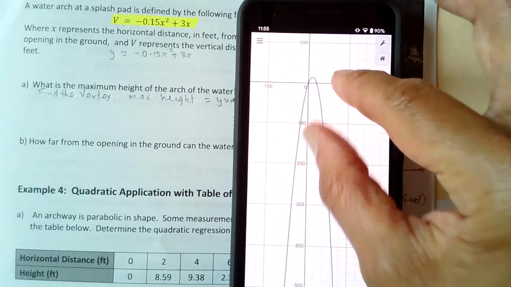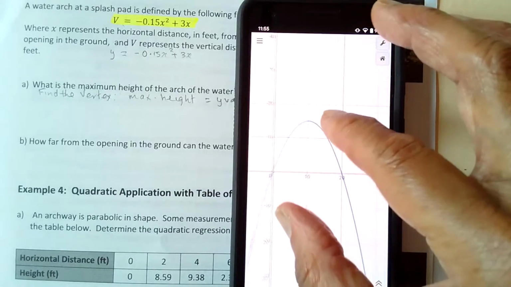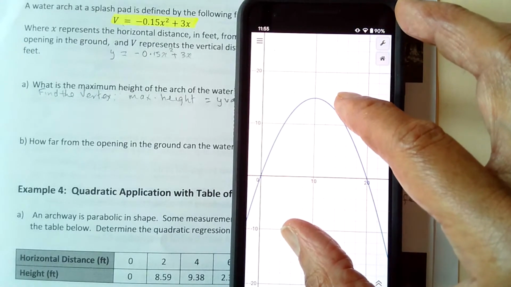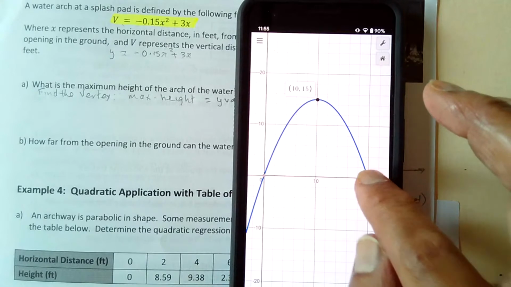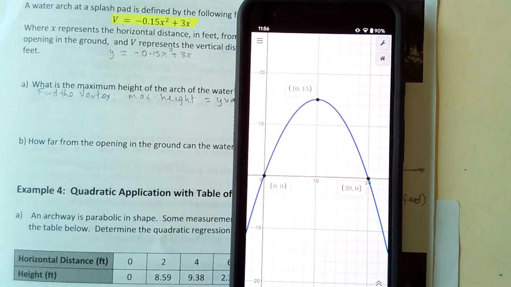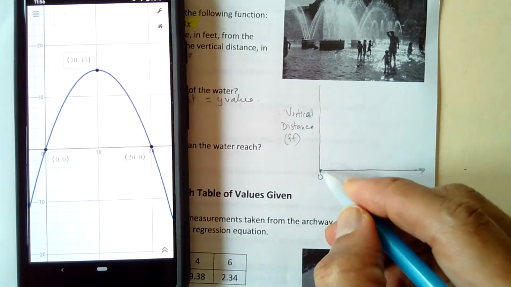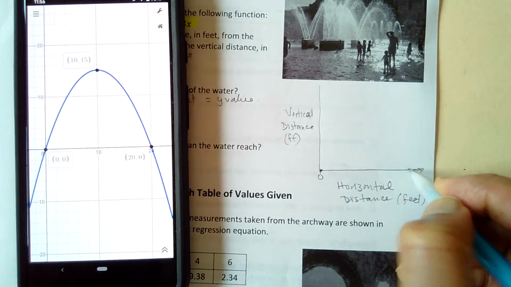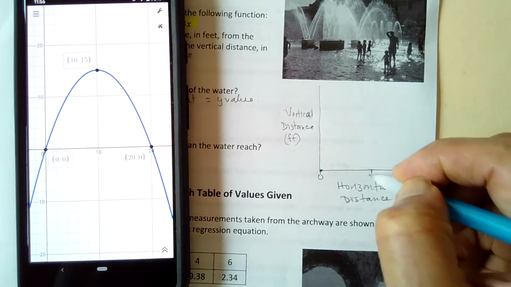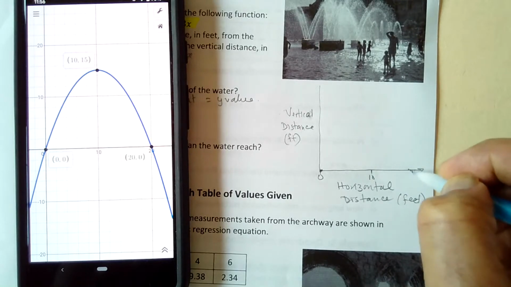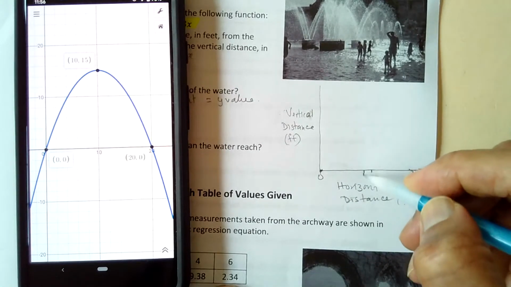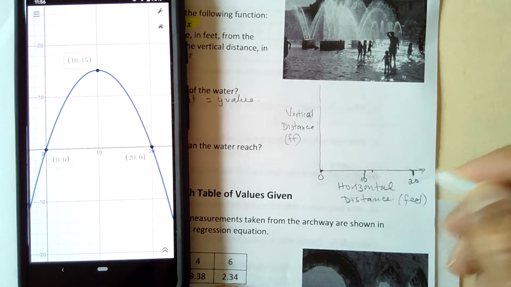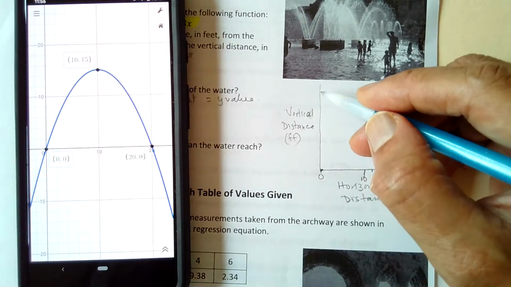So there's our graph. Now, tap in there, that gives us our vertex. Tap will give us our x-intercepts. So I'm going to transfer that over to my graph here. So my graph goes up here, comes up. So here's 10. This would be 20. It goes up to a height of 15.